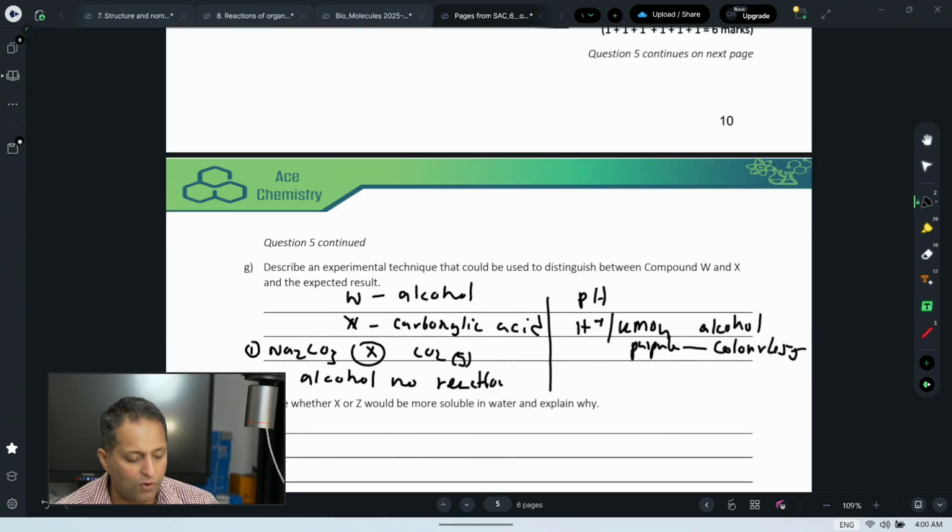Okay, you can also say boiling point. Which one has a higher boiling point, alcohol or carboxylic acid? We discussed that in today's class as well. Both can make hydrogen bonds, so they have relatively higher boiling points. But when it comes to carboxylic acid, remember, what are these? Dimers.